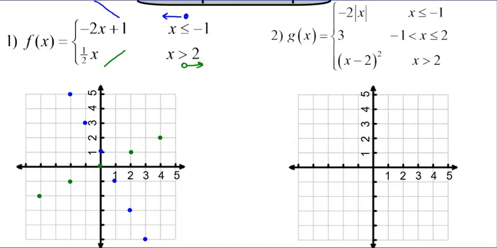So when I get my eraser out, I want to go to -1 on the x-axis, and I want to keep only these two dots and erase these dots because they are out of this domain. And for this one, I want to go to 2 and only keep the ones that are greater and erase these dots that are not in the domain.